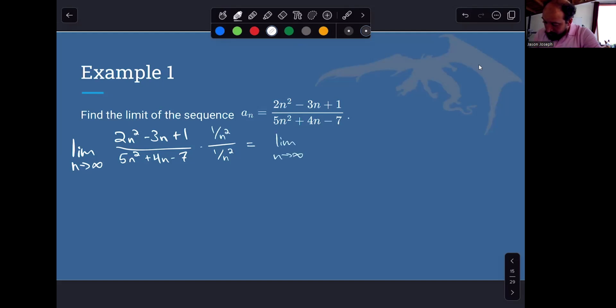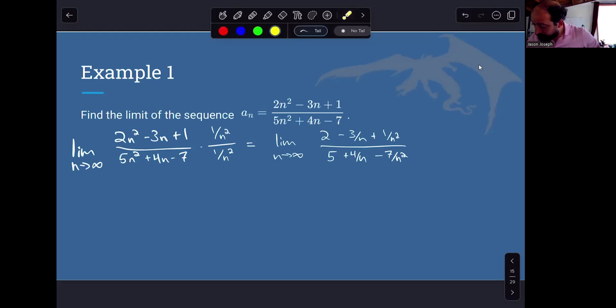Distributing that through on top and on bottom, I got 2 minus 3 over n plus 1 over n squared, divided by 5 plus 4 over n minus 7 over n squared. And then since n is approaching infinity, each of these terms is approaching 0.